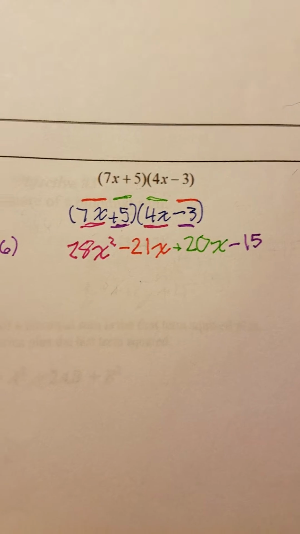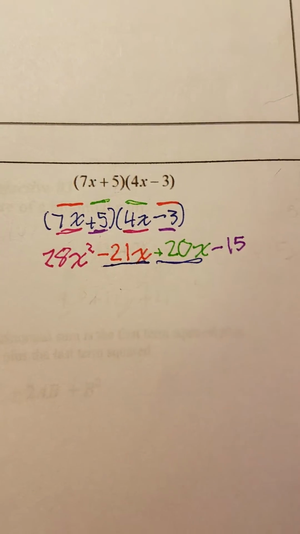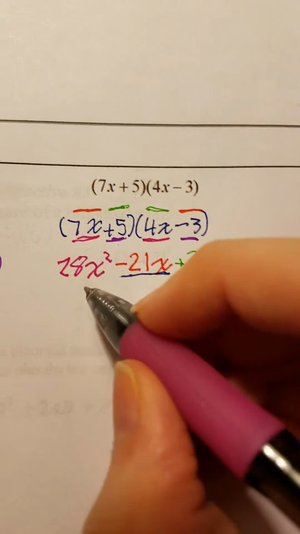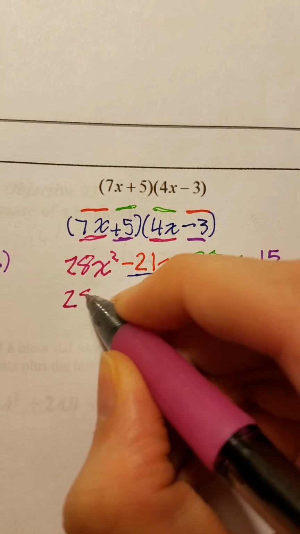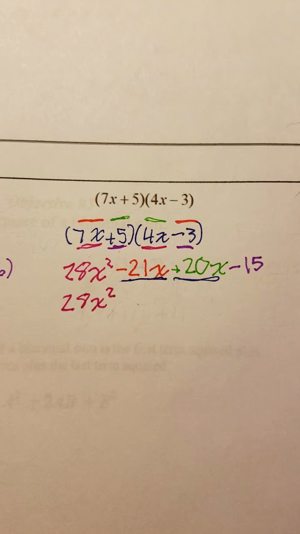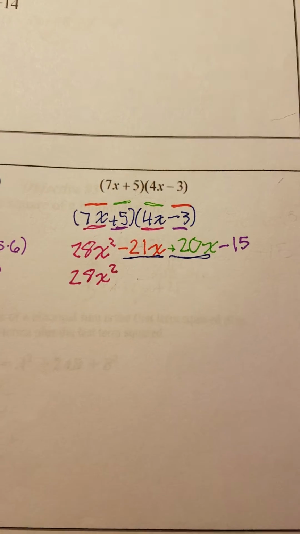Now you combine like terms, which here and here. So then you just bring this one down because this one doesn't have any like terms. You can't combine anything with this. So you have 28x squared. Negative 21 plus 20 is the same thing as saying 21 minus 20.